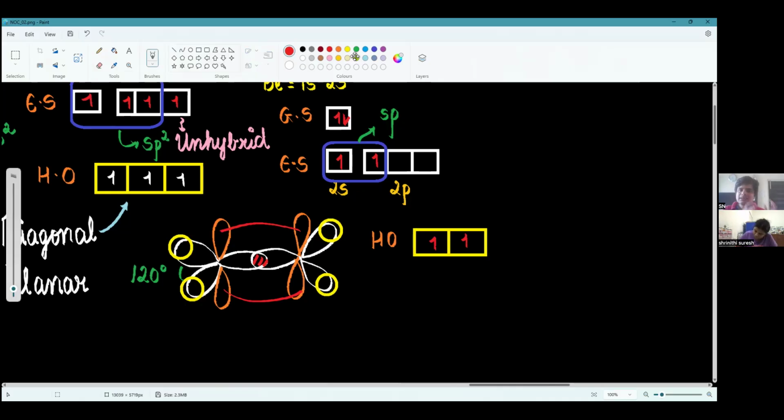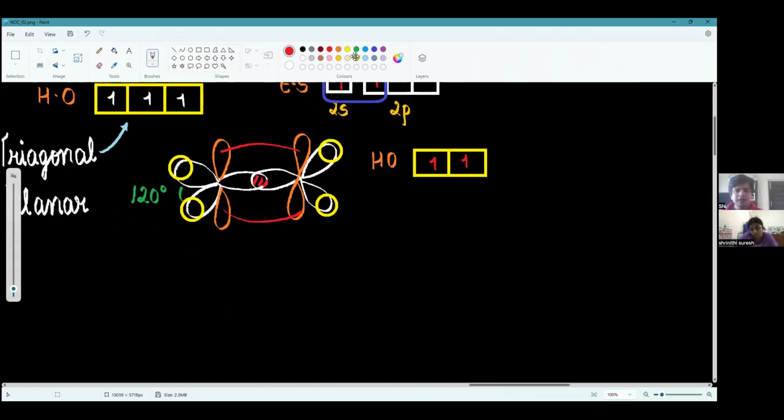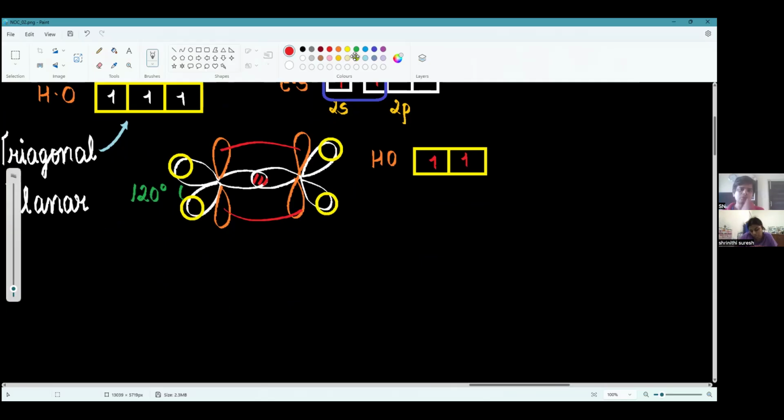The theory of hybridization says that the number of hybrid orbitals is always equal to the number of overlapping atomic orbitals. So since two atomic orbitals are overlapping, two hybrid orbitals will be obtained. And when two hybrid orbitals have to be arranged in space, obviously the angle between them will be 180 degrees.